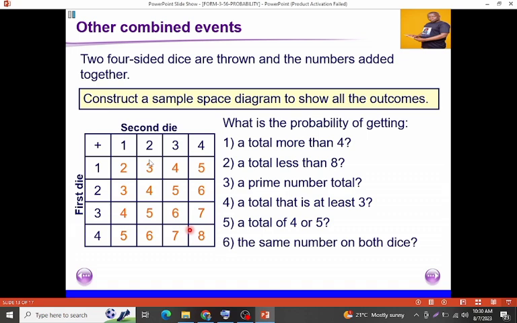The same number on both dice. Okay, here you have to be a bit careful. So here you have a 1 and a 1. To give this a 2 and a 2. To give this one a 3 and a 3. So you count the numbers, which will be 2, 4, 6, and 8. And then you divide by the total number of outcomes.